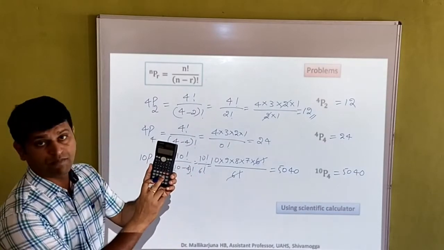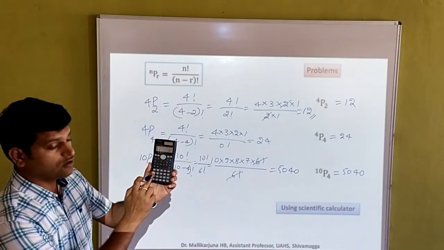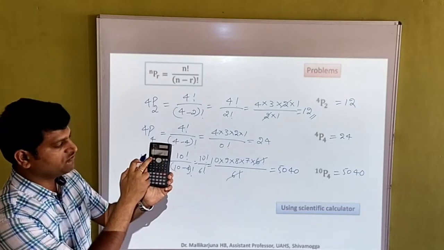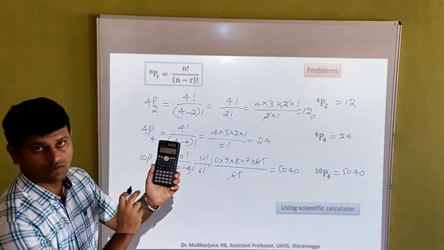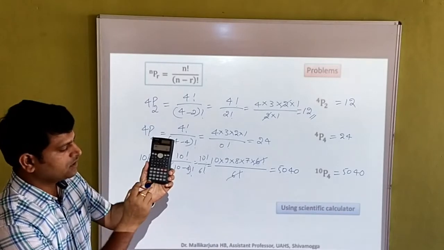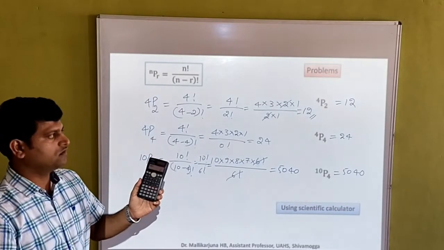So here, take nPr: first type 4, then press the shift button, then wherever the nPr button shows, press that one. You will get P, then 4P2 is equal to 12.